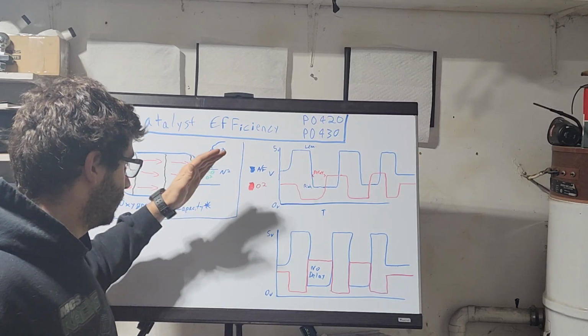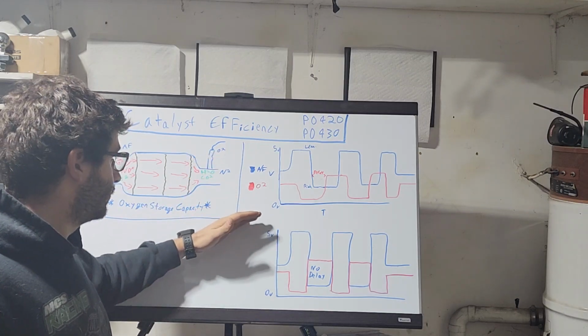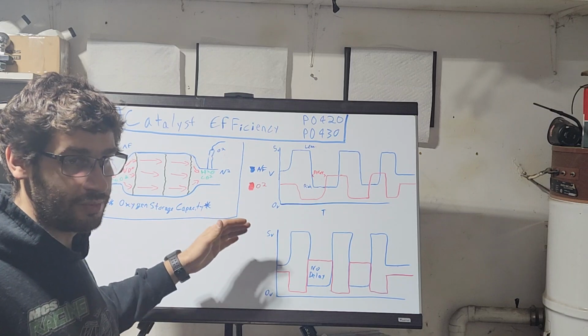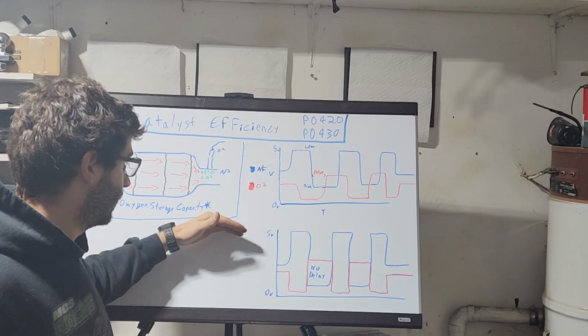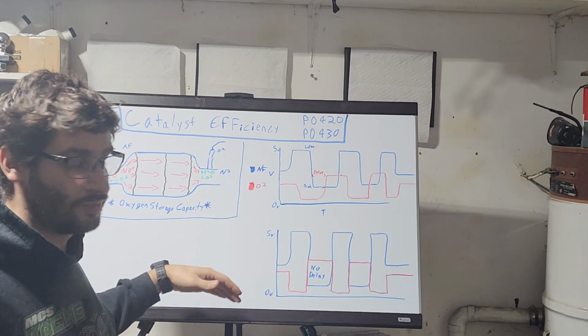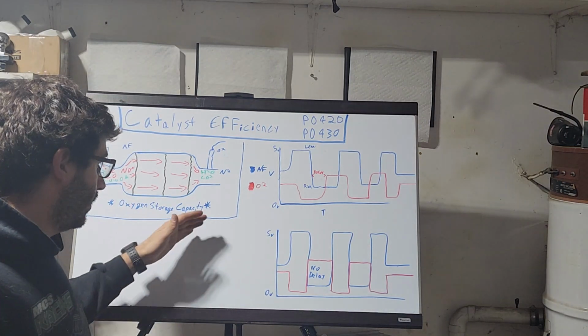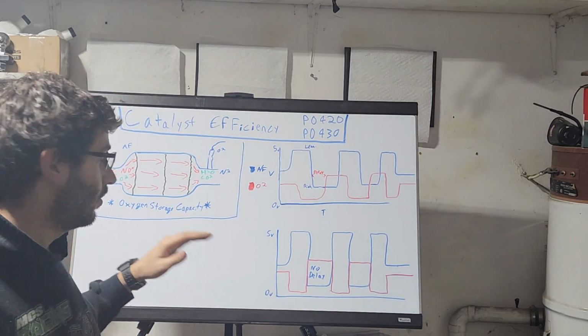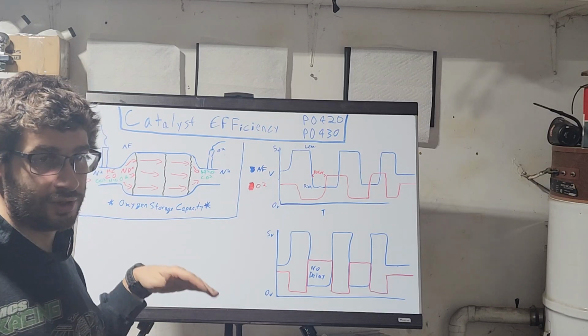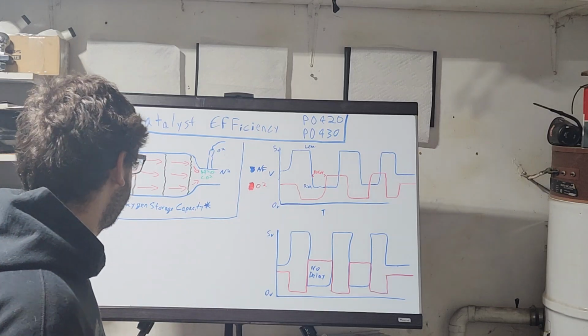You want to force the vehicle to run about 10-15% richer and 10-15% leaner. And this is all done at idle with everything hot. Converters don't work when they're cold.